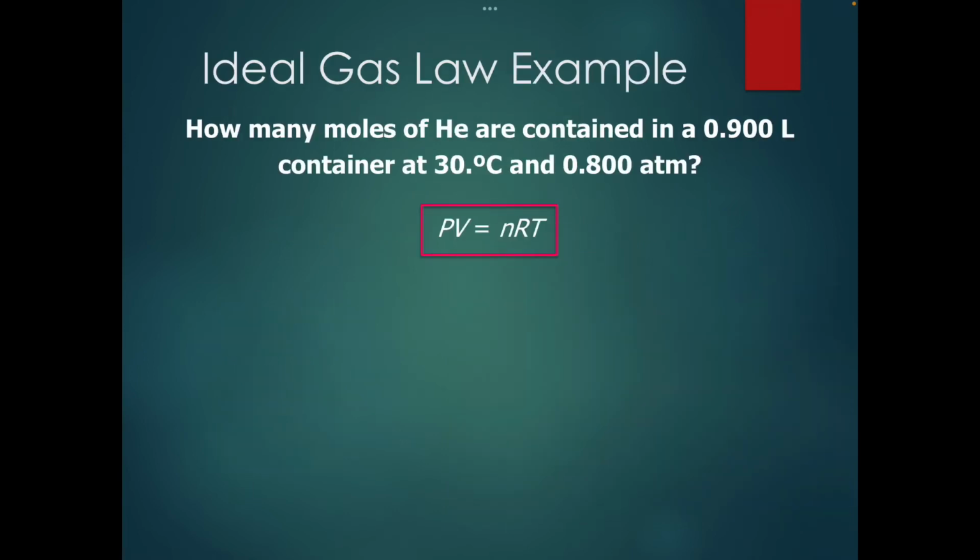All right, let's try this one. This is an ideal gas law problem. This says how many moles of helium are contained in a 0.900 liter container at 30 degrees Celsius and 0.8 atm. So again, a common question I get asked in the gas laws chapter is, how do I know which type of problem I'm solving? Well, do you see here we only have one temperature, one pressure, one volume?